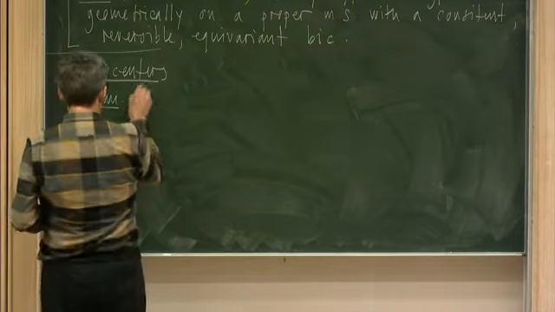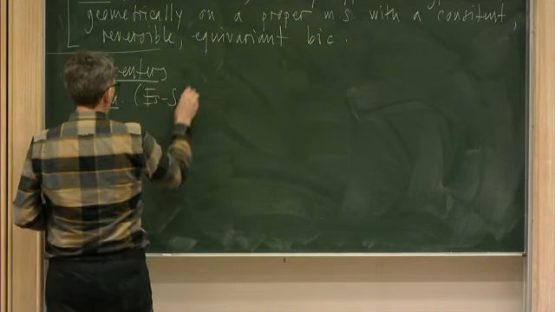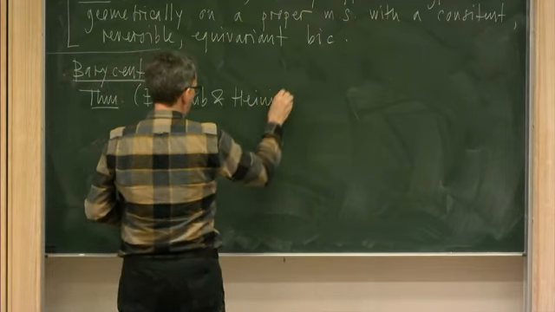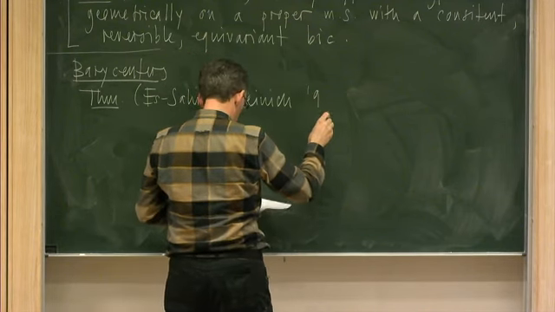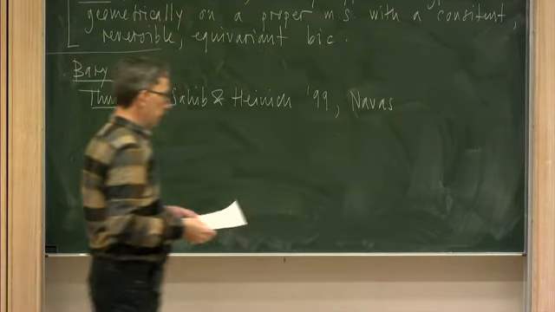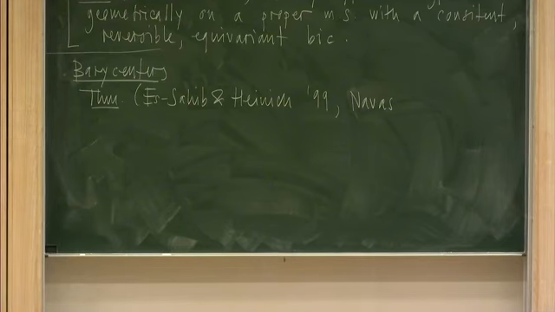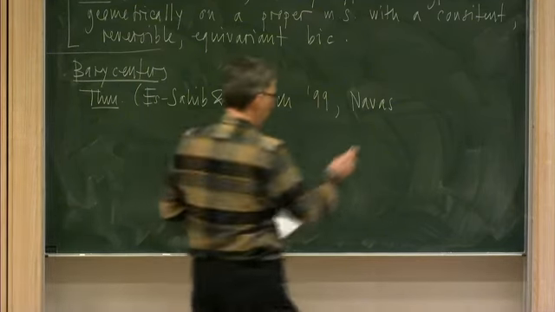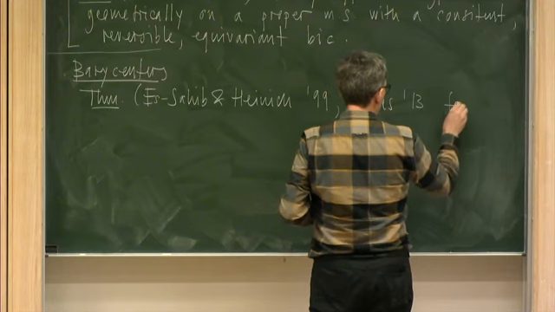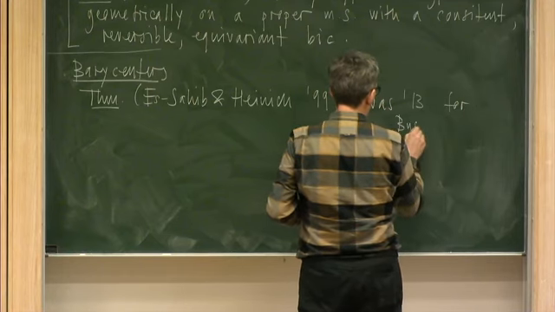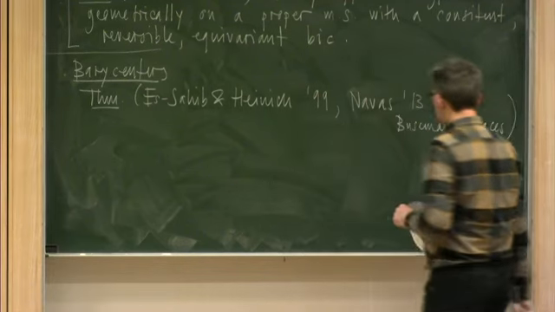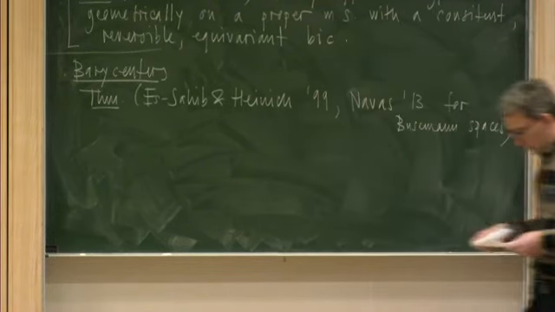So it's due to Es-Sahib and Heinich from '99, and then Navas took it up and modified it a little bit, or simplified the proofs quite recently, and that's for Busemann spaces. But the same is true for bicombings.